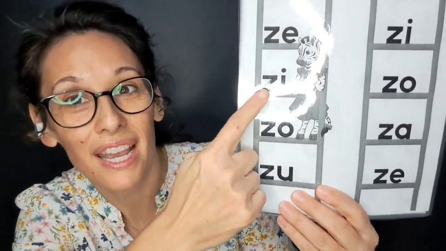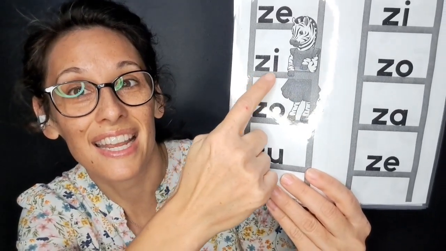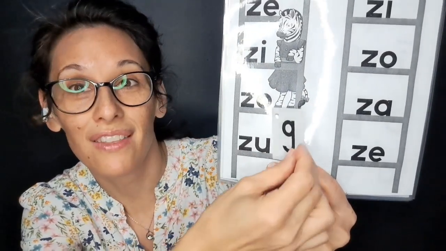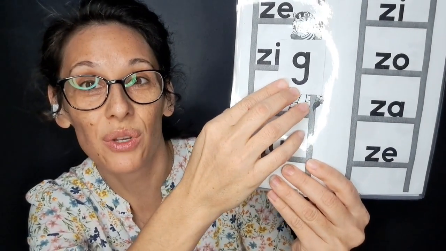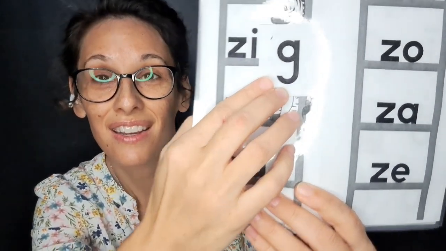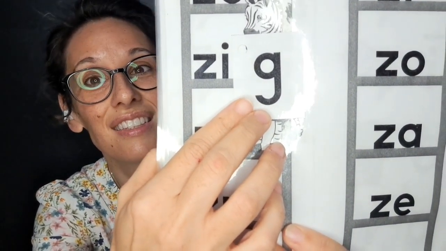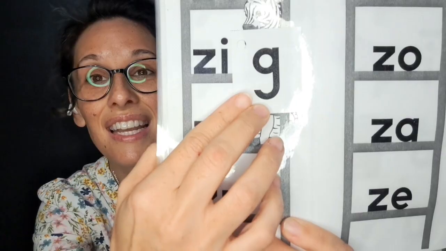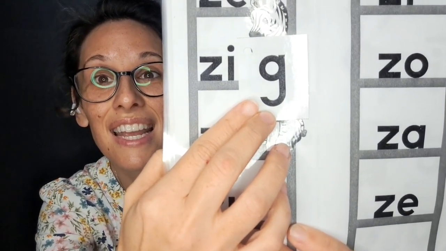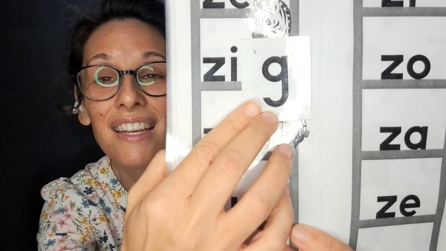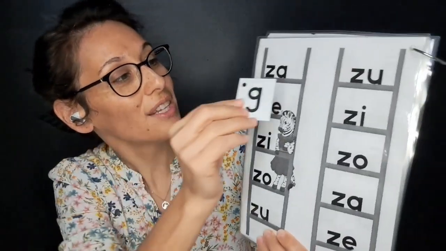Now we're going to try adding a letter to these. Let's say this one together. Z, I, zi. Now I'm going to add this and you try to tell me what word it makes when I add this to the end of zi. Can you sound it out? Z, I, g. Zig. Very good. Let's try this one.